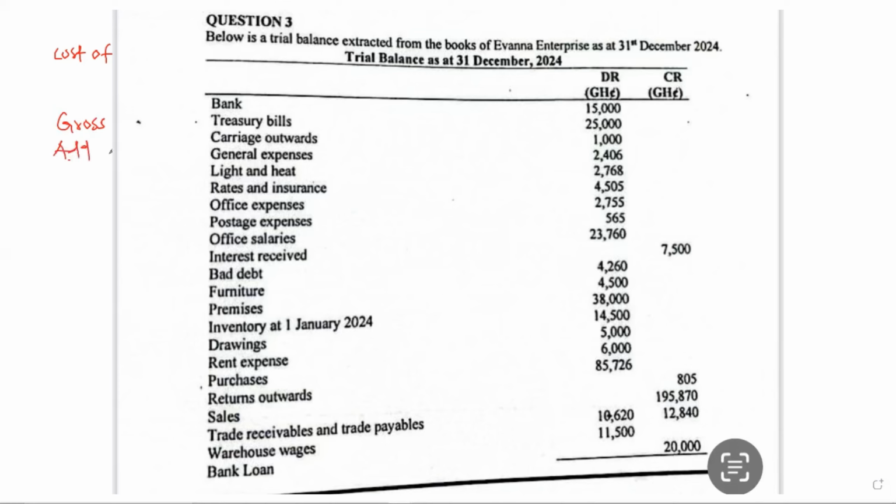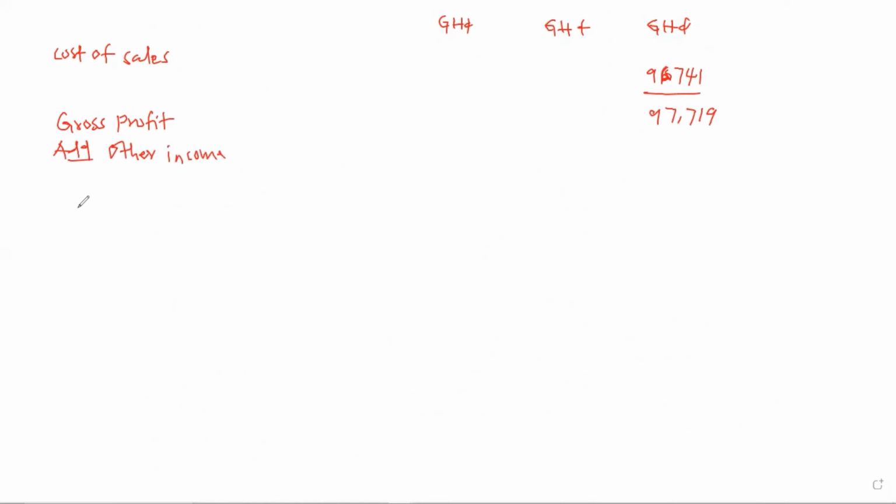What are some of the other income in the question? We have commission received. When you look at the trial balance, you can see that the commission received is on the credit side, which tells you that it is an income.